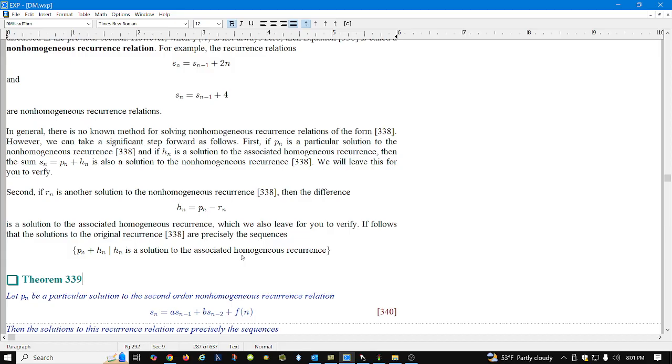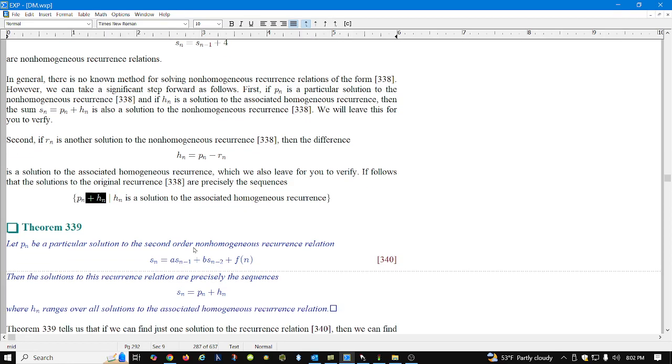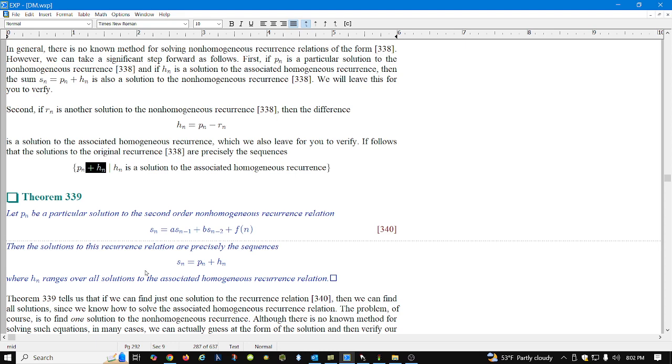In other words, all we have to do is find one solution, and we can get all the solutions just by tacking on the solutions to the associated homogeneous recurrence, which we know how to find using the characteristic equation. So here is a summary.